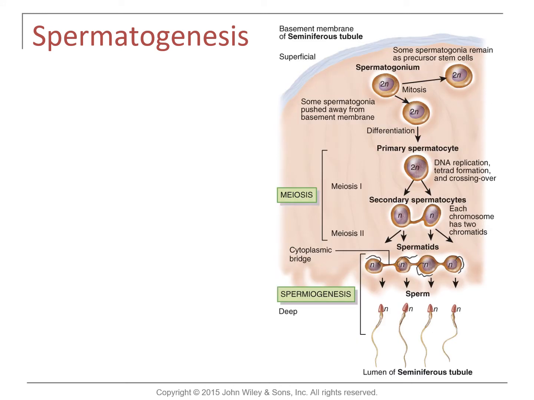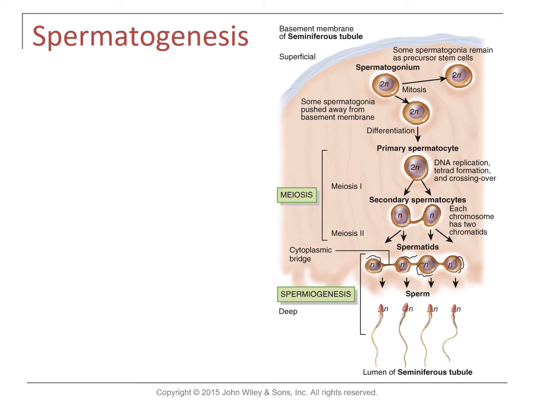The process is summarized here again in this diagram, where the spermatogonium undergoes mitosis to form 2 diploid cells, one staying near the basement membrane as a stem cell, the other going on to become a primary spermatocyte.